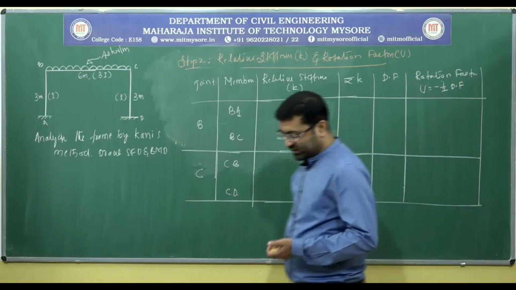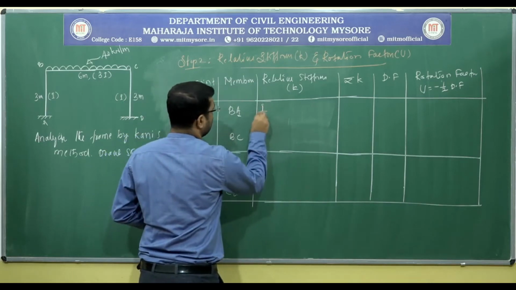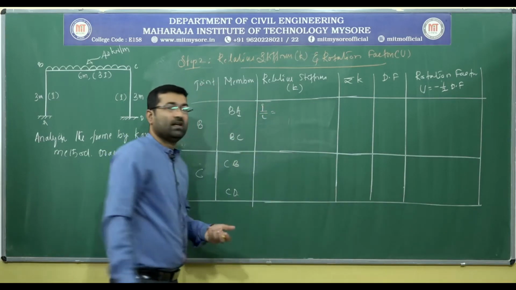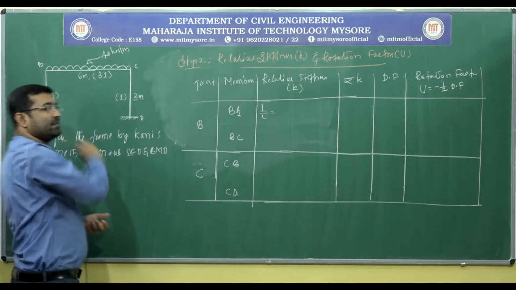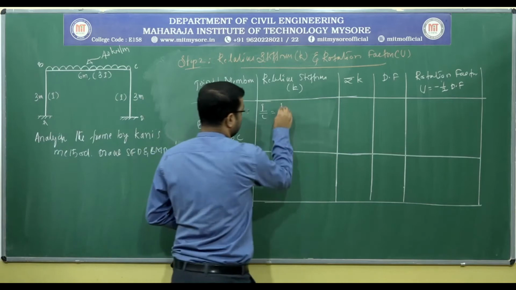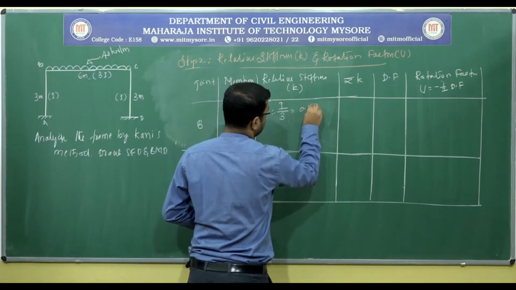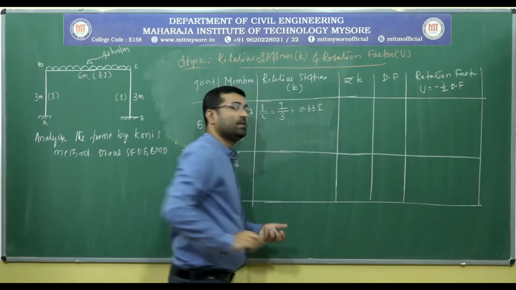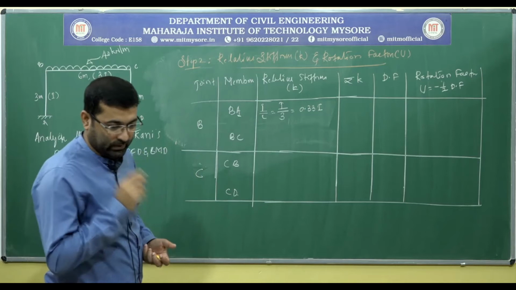So for a fixed far end, we know the relative stiffness is I by L. Here I value is I, length is 3 meter, so it is I by 3, that is 0.33 I, the relative stiffness for the member BA.